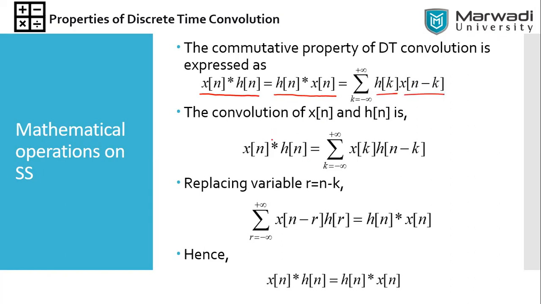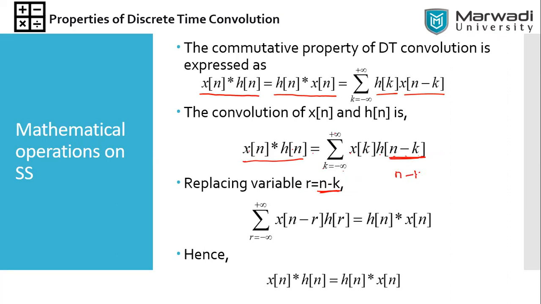For example, by definition, the convolution of x of n and h of n is expressed as the sum over k from minus infinity to infinity of x of k, h of n minus k. Now you replace the variable: n minus k is now r.